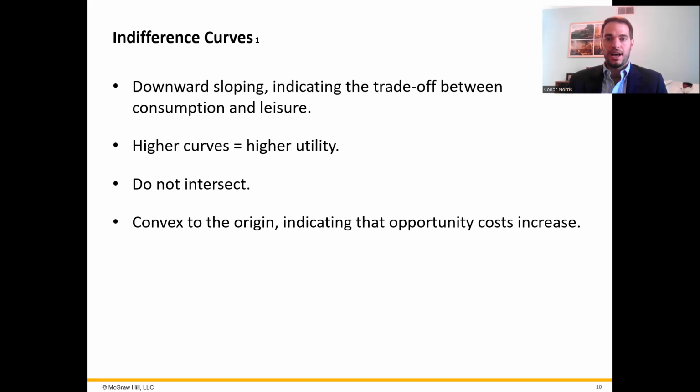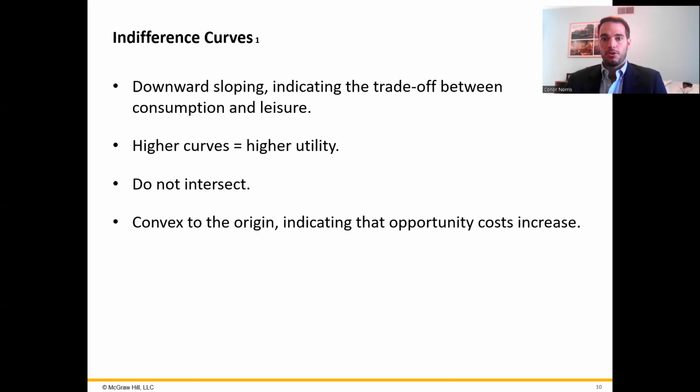The second is that higher indifference curves, or indifference curves to the right, represent higher utility. So the origin is like the point 0 on the Cartesian plane. Right there, that is the lowest amount of utility you can get. As you move away from that to more consumption and more leisure, you're going to have higher utility because they represent combinations of consumption and leisure that provide more of one of those two or both of them.